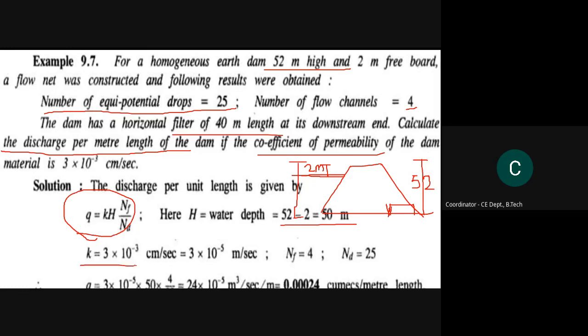Now K is given, so centimeter per second has been converted to meter per second, because the height of the water is calculated in meter. So we will get 3 into 10 to the power minus 5 meter per second.